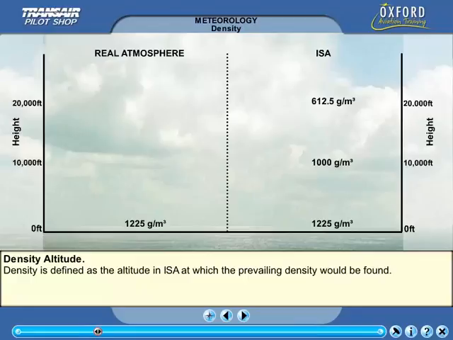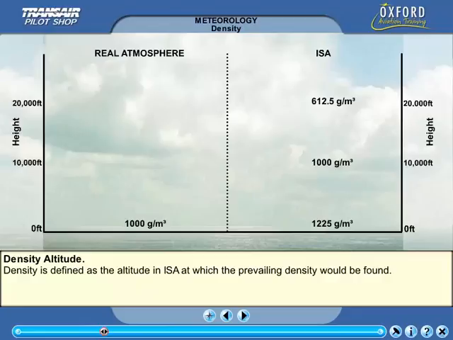Let us say we are at sea level, and the atmosphere happens to be exactly the same as standard. The density at sea level in the real atmosphere will therefore correspond exactly to that found at 0 feet in ISA. However, if the density at sea level in the real atmosphere falls to 1,000 grams per cubic meter, this new lower density at our location will correspond to a density found at a higher altitude in ISA.